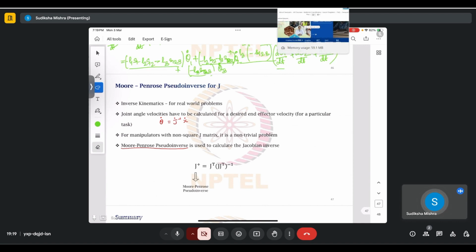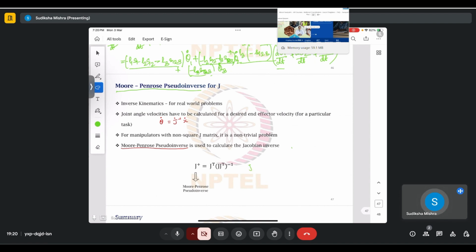So in such a scenario, the joint angle velocities can be calculated for a desired end effector velocity, and therefore you need to develop a pseudo inverse in such a case. This pseudo inverse is known as the Moore-Penrose pseudo inverse for the Jacobian.